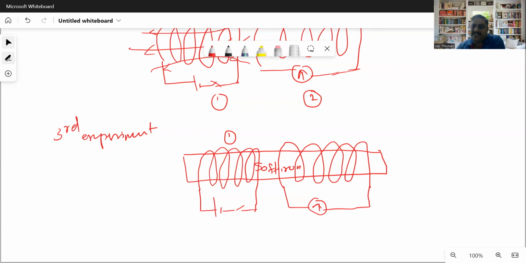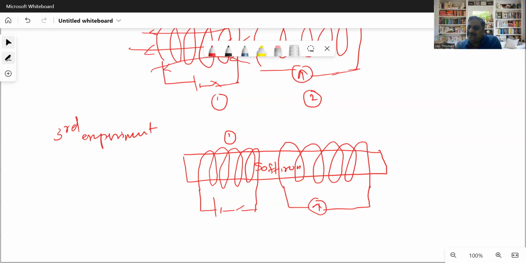So see, he made 3 experiments. First experiment, he moved the bar magnet for changing magnetic flux in the coil, so current is induced by a bar magnet. Second case, he moved a current carrying solenoid towards another solenoid, so current is induced by a current only, because the first coil was a current carrying coil.